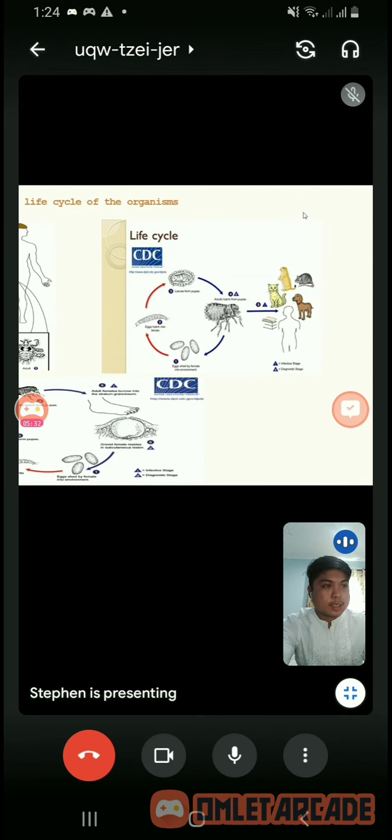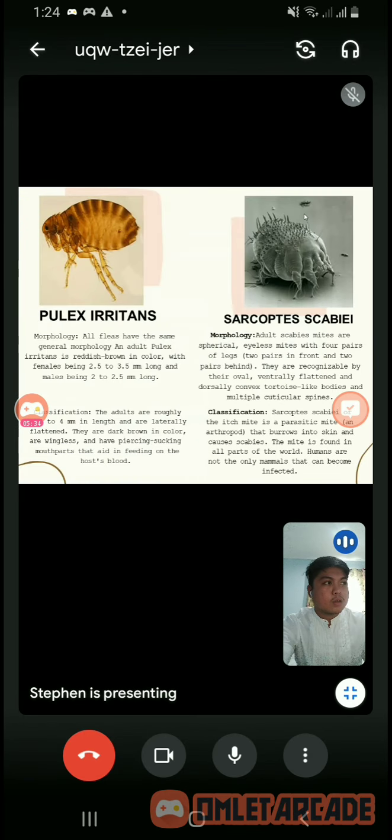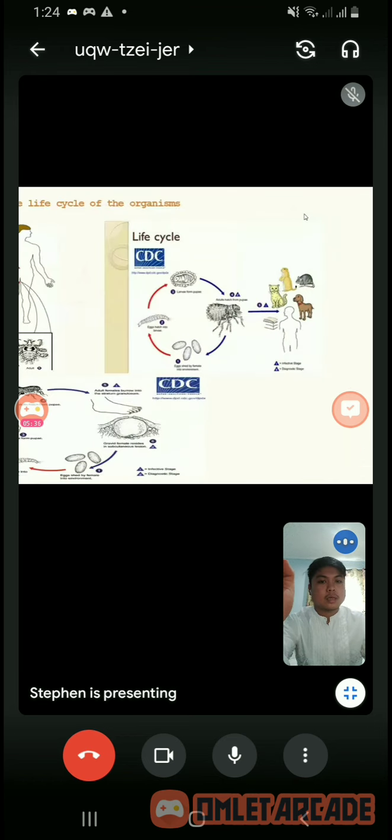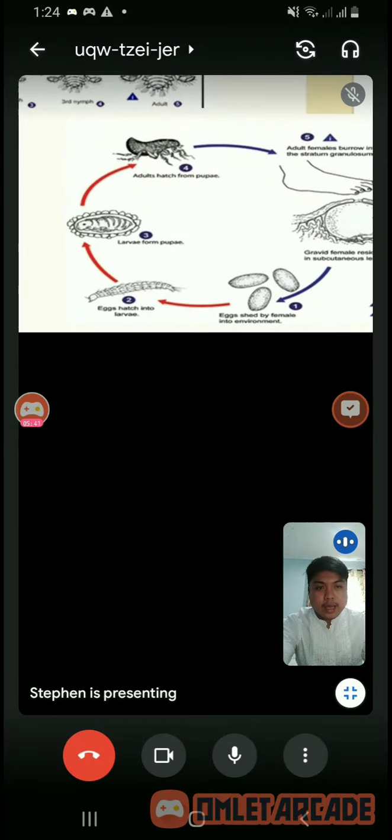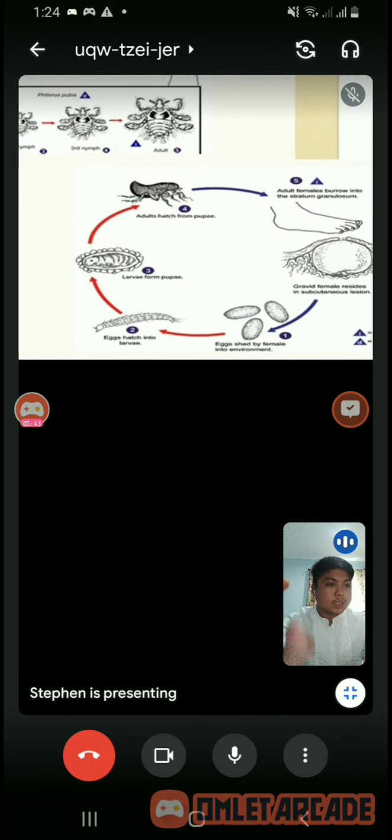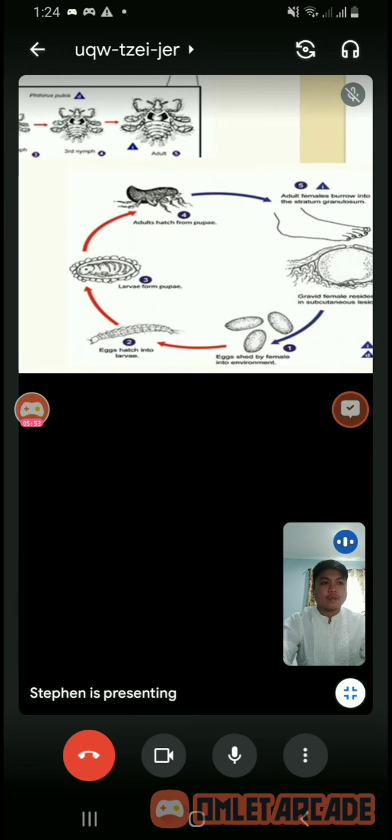And lastly, the Sarcoptes scabiei. So, i-zoom ko lang class. Ayan. So, mag-umpisa tayo sa itlog. Namimisa ito kahit saan. Eggs hatch into larvae. Larvae from pupae. Adults hatch from pupae.